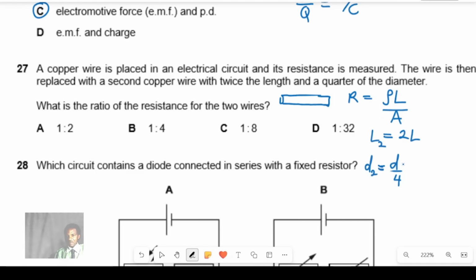Let's find the radius. The radius of the first wire is going to be d over 2, while the radius of the second is going to be d over 8. So in place of the area, it will become pi multiplied by d square over 4.